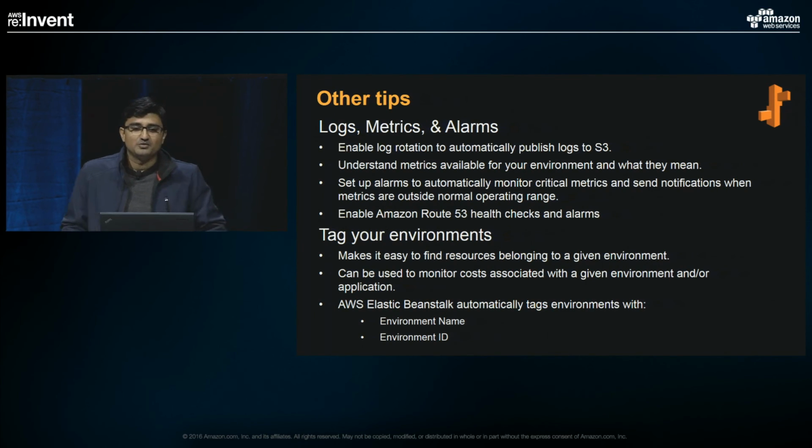It's also advisable to understand the available metrics for the environments and what they mean, so that you can use them wisely, like in the case of autoscaling and other CloudWatch-related logs. Also, I recommend using alarms to automatically monitor critical metrics and send notifications when the metric is out of normal operating range. So you can always set an email notification for yourself. And also enable Amazon Route 53 health checks and alarms.